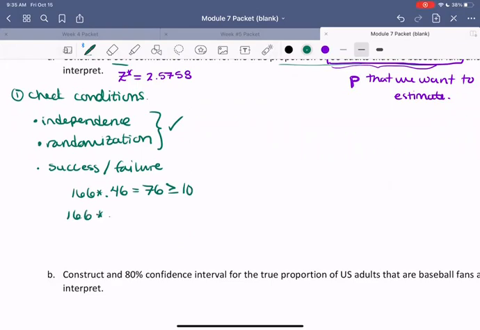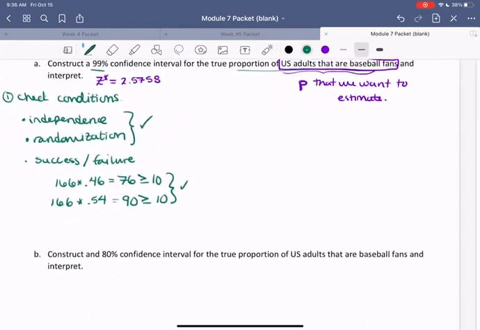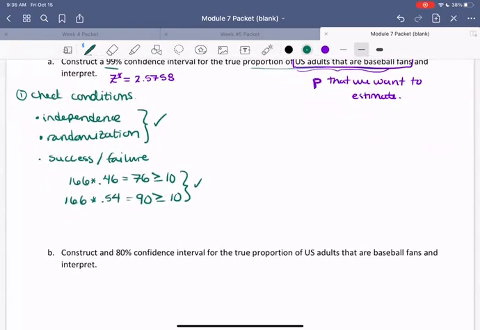Similarly, the number of people who are not baseball fans would be n times q, the remaining people. So about 90, which is also larger than 10. So check, check as well. Okay, excellent. That means we can use the formulas that we found in a previous video. Now let's take a look at constructing that confidence interval.